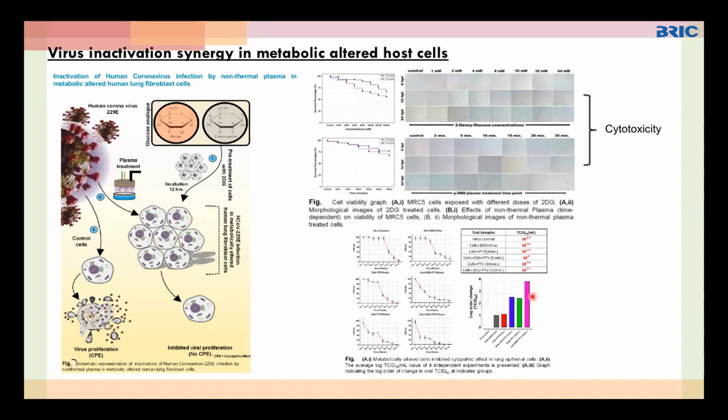So this strategy is also very beneficial and a very nice input in medical settings: if we have a serious patient, we can use 2-DG to control the metabolic activity of lung host cells, so the virus cannot propagate easily in those lung host cells. And at the same time, we can treat those infected cells with plasma to kill leftover viruses.